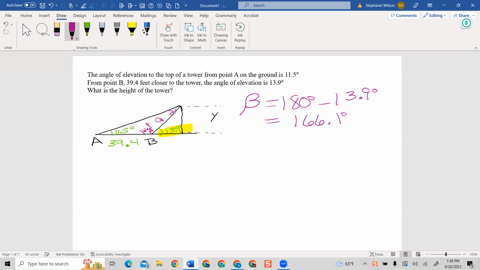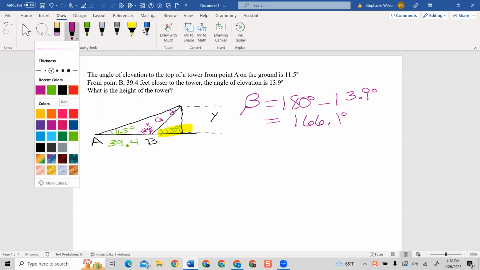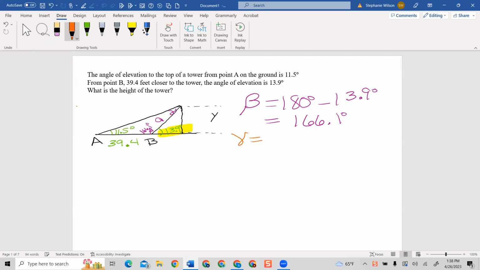Now let's solve for gamma. Gamma is going to be 180 degrees minus that 166.1 degrees minus the 11.5 degrees, and that gives me 2.4 degrees.